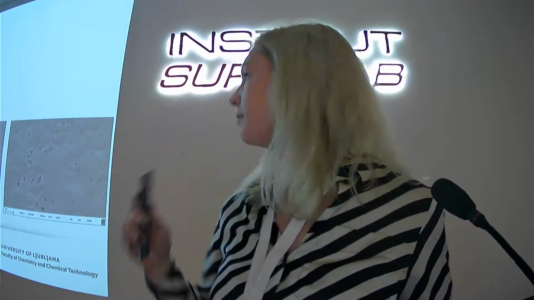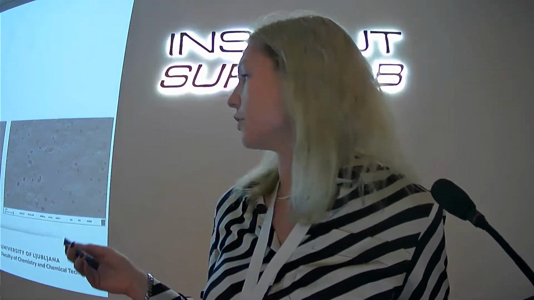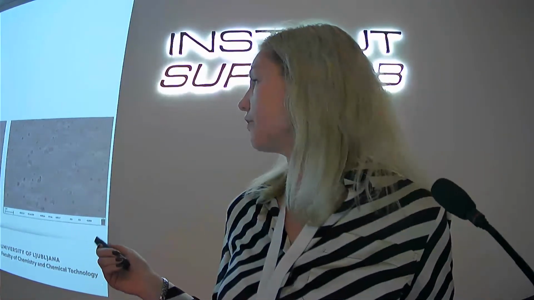What you can also see with the scanning electron microscope, for example, is the surface of the PVC after UV aging. Before it was just a smooth surface, but after UV aging, you can actually see the initial fragmentation and damaging of the surface.